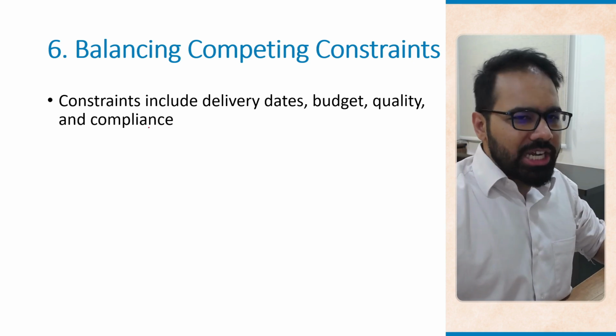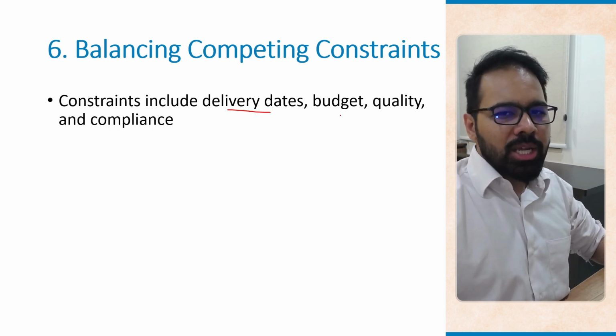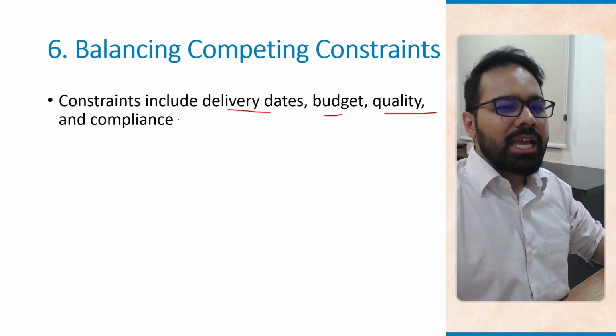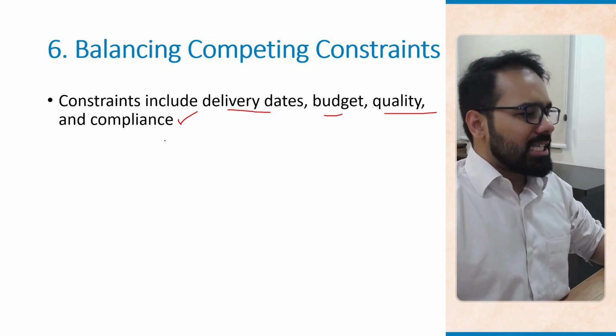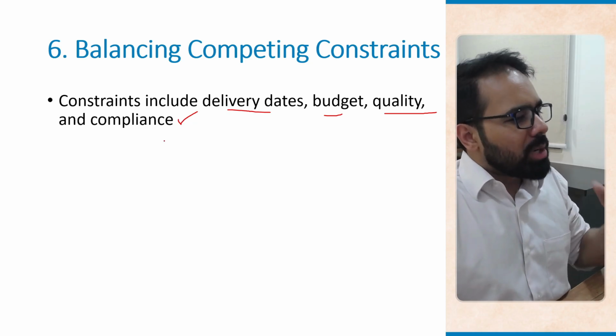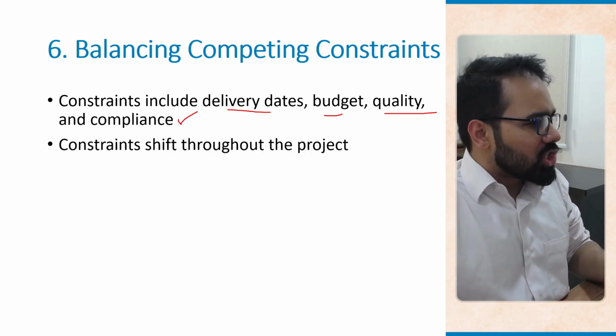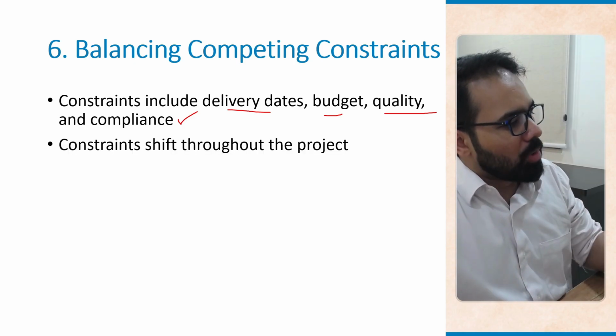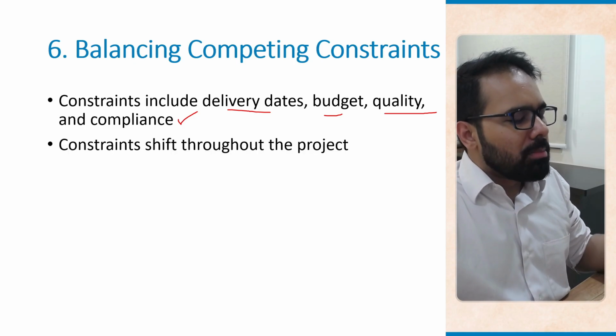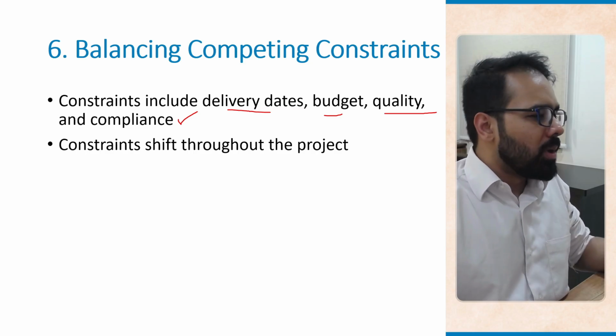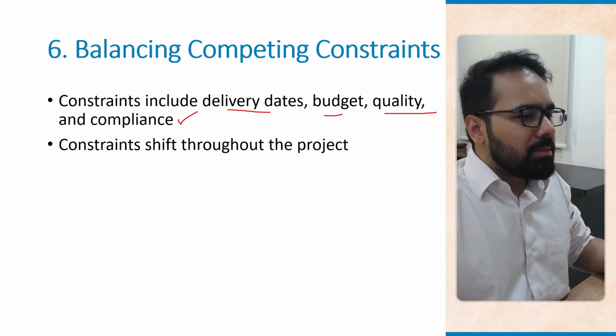So constraints can include delivery dates, budget, quality, and even compliance. Each of these puts pressure on the project in different ways. Now, constraints shift throughout the project. A new customer request may increase the scope and it might require more time or more budget, right?